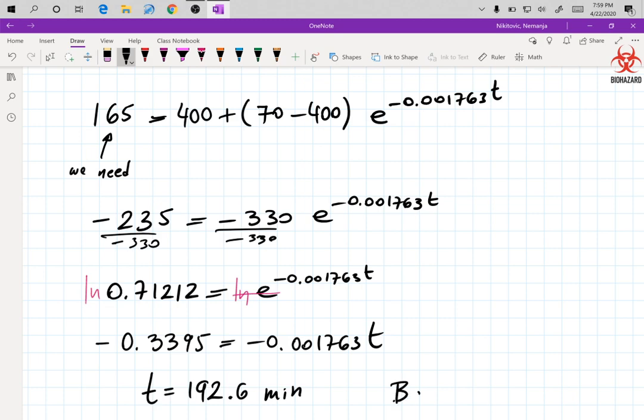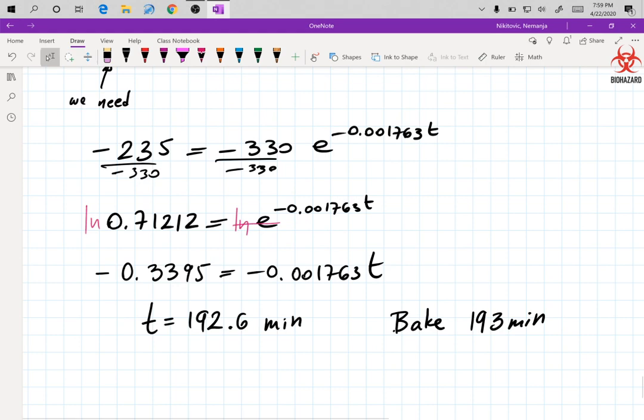So bake 193 minutes. Now remember, you already had 30 minutes, right? So you do this calculation after those 30 minutes. You will subtract 30 to see how much more time at that point, which would be 160, so about 2.5 hours.